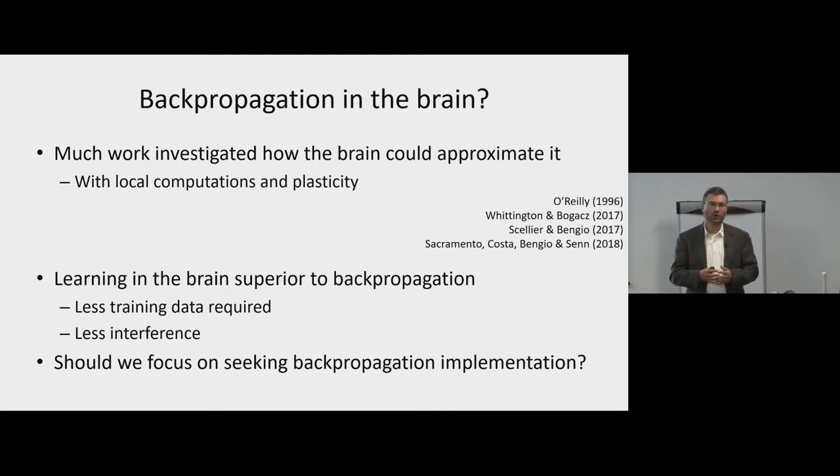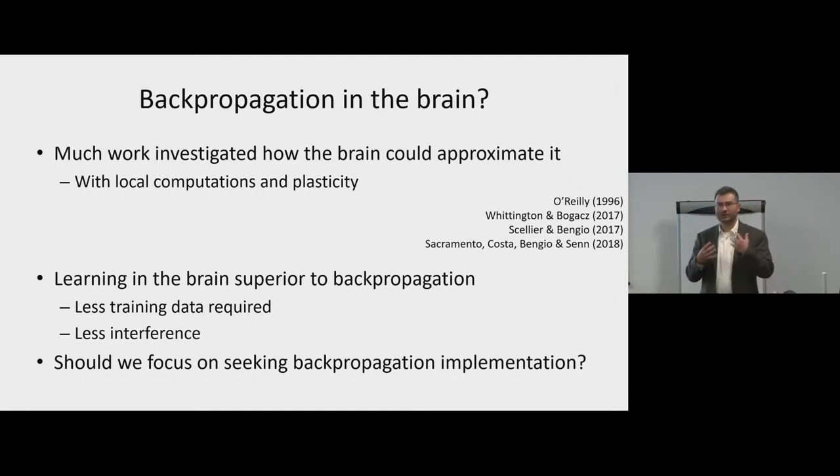However, we also know that learning in the brain is superior to backpropagation in some aspects. For example, we require much less data to train ourselves, and we can do our training with many fewer iterations than artificial systems. Also, in artificial neural networks there's a problem of interference between the various tasks which you learn, so we somehow are able to learn with much smaller interference.